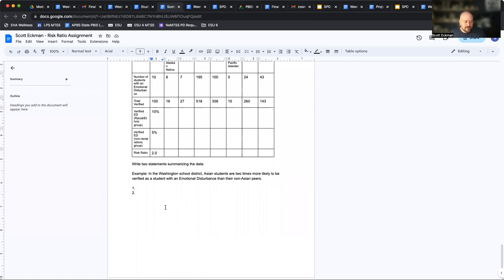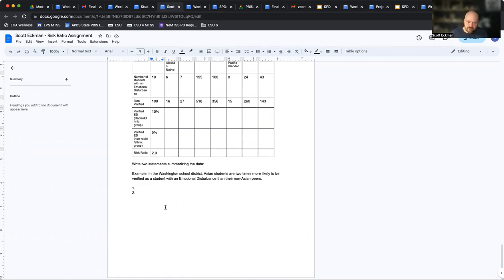Disproportionality, again, it's tough. In the discipline kind of world, we look at it from like 1.75 and above is kind of considered disproportionate. Like if there's a risk ratio of 1.75 or above, we would say that's pretty disproportionate. But you'll notice in the Nebraska State Department of Education's guidance, they talk about a risk ratio of, I think, 3 or above, and for an extended period of time.